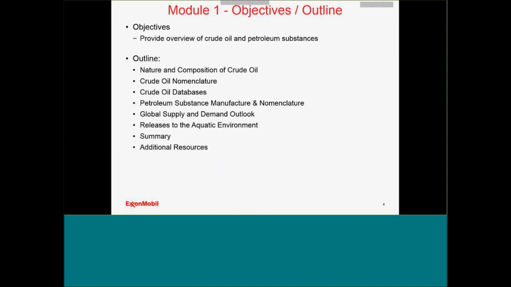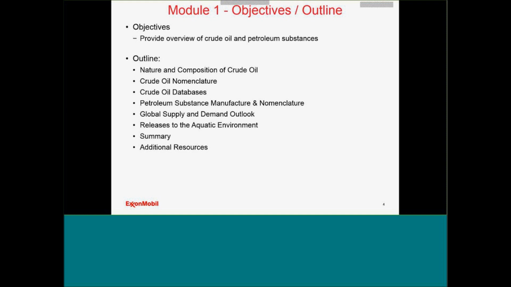So this next slide provides the objectives and outlines for the first course module. The objective is to simply provide an overview of crude oil and petroleum substances. The topics covered include the nature and composition of crude oil, nomenclature and available crude oil databases. I'm also going to provide a brief introduction to petroleum substance manufacture, as well as associated petroleum substance nomenclature.